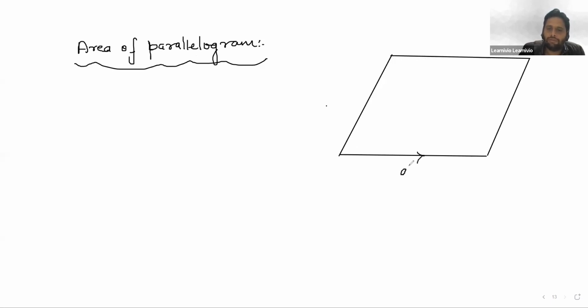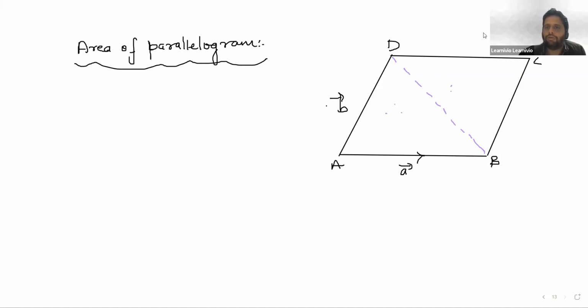Suppose this is vector A and this is vector B. Okay, it is A, B, C, D. We need to find the area of this parallelogram. Now what I will do, I will draw a diagonal here. Now you know that these two triangles are congruent. So if we find the area of this triangle and multiply that with 2, then we will get the area of the complete parallelogram.